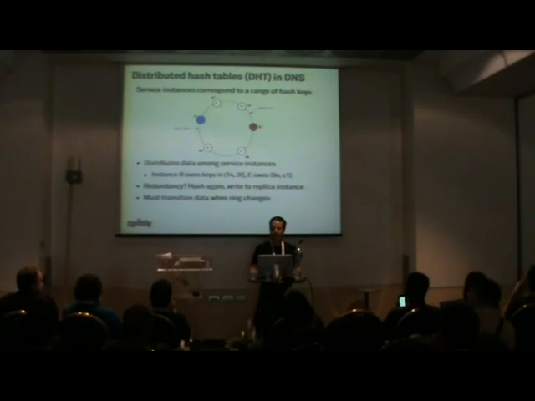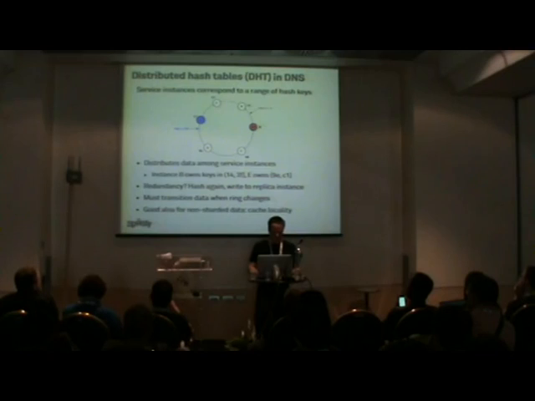A kind of tricky problem happens when you add or remove nodes. This ring will obviously change then, and the range of hash values that a node is responsible for is different. So then you have to transition data, and we have some ways of handling that, but it's a bit tricky, and it's not something I'm super familiar with, so I don't really want to go into the details about that, but it is something you have to keep in mind.